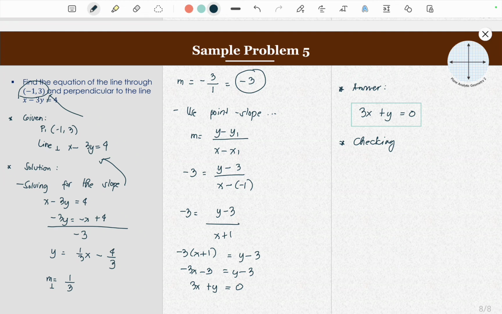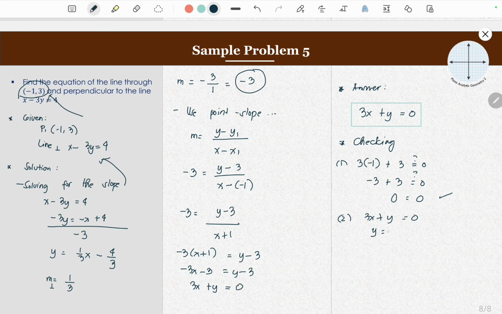Okay? So for checking, we have 3 times -1 plus 3. Is this equal to 0? This is -3 + 3. Is this equal to 0? Yes, it is equal to 0. So this is the number 1 checking. For the number 2 checking, let us determine the slope, if it is really -3. Just rearrange this equation into the slope-intercept form.